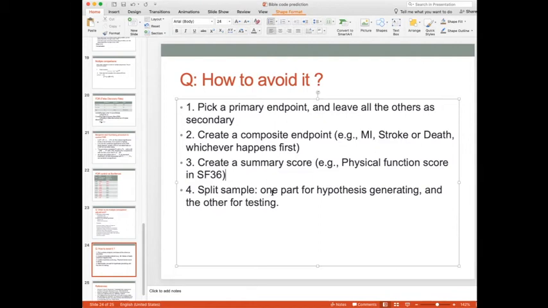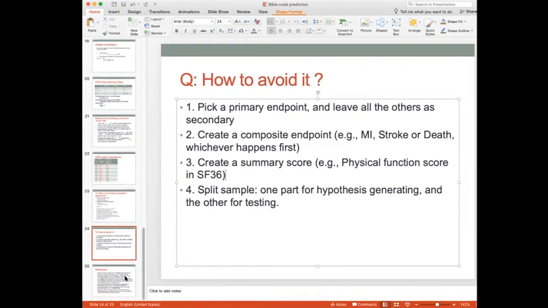And then use the second part to test these 10 hypotheses. So you reduce the number of the multiple comparison, right? You only test for 10 hypotheses instead of 100 hypotheses. So if you have a big sample, maybe you can consider this.